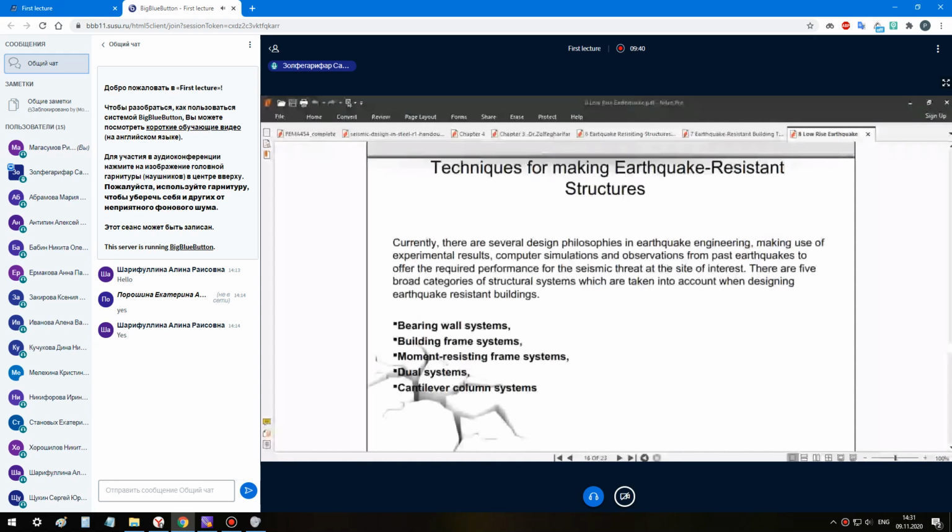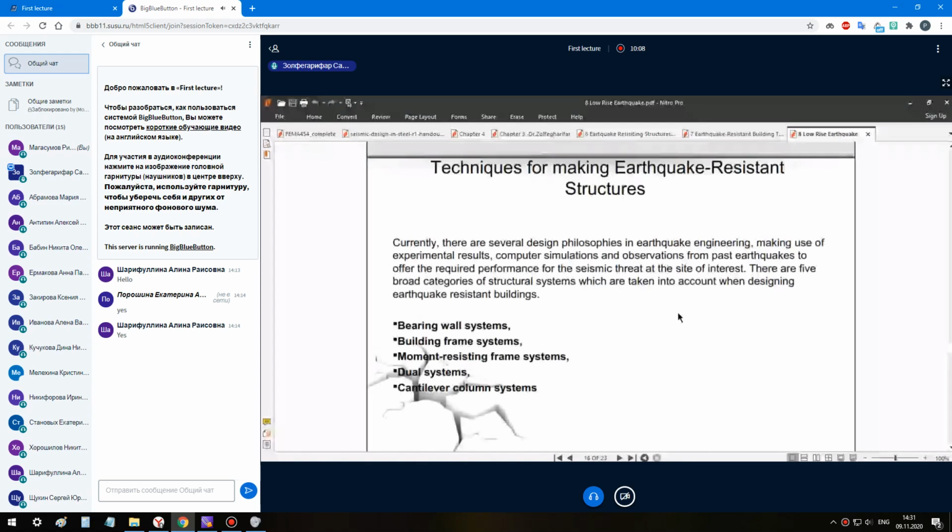As shown in these slides: first, bearing wall system, building frame system, moment resisting frame system, dual system, and cantilever column system. We can use these techniques for making earthquake resistant structures.